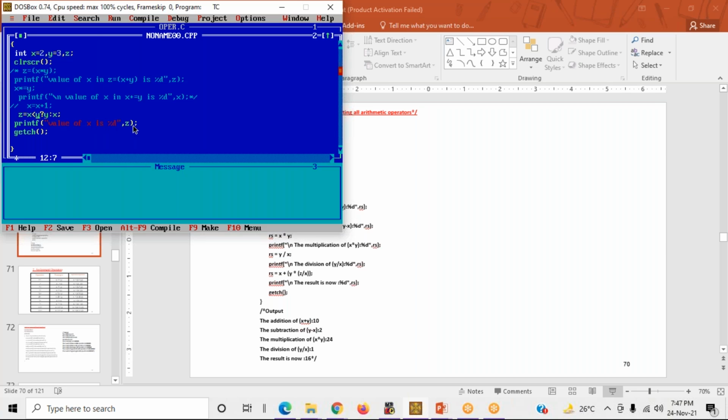The result is 3. So x value is less than y, so the y value is taken, and 3 is displayed. If this is the condition, it is going to fail and this value should be displayed.